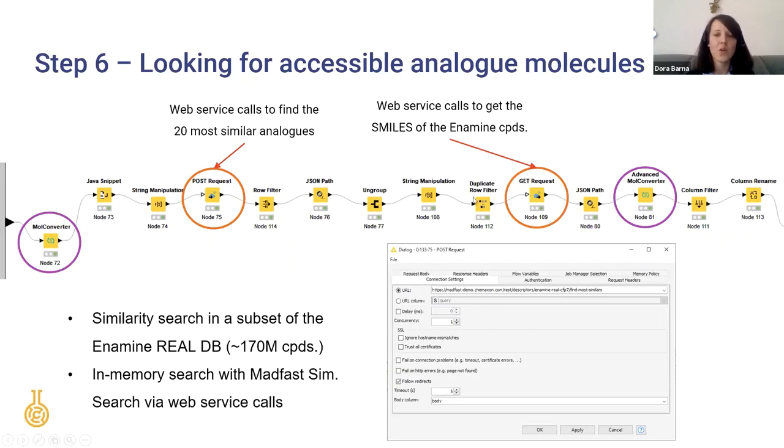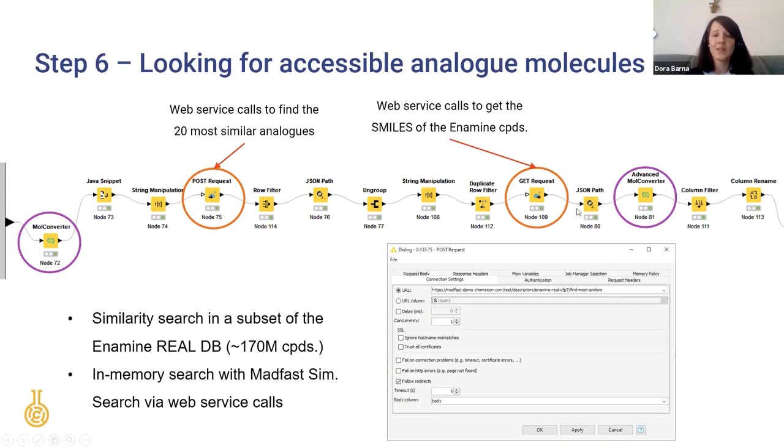And we will also have to perform duplicate row filtering because the same Enamine molecule may have been sent back more than once. And because this first similarity search only returns the internal identifiers of the Enamine analogs, we will have to convert these internal identifiers into the SMILES representation of the molecules. We will take care of that by using this GET request node here.